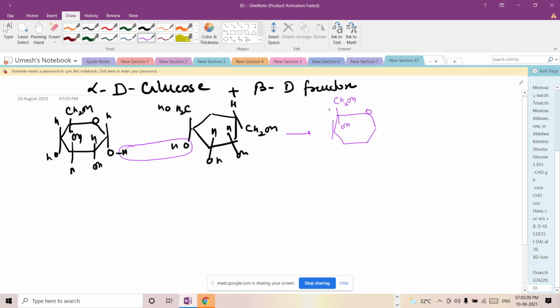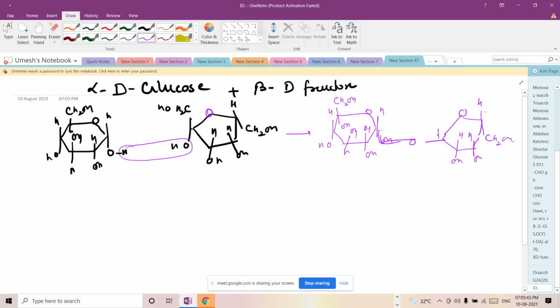Draw the structure. And H up and OH down. This has got combined here, O here. Now it has got an oxygen here, H and CH2OH.